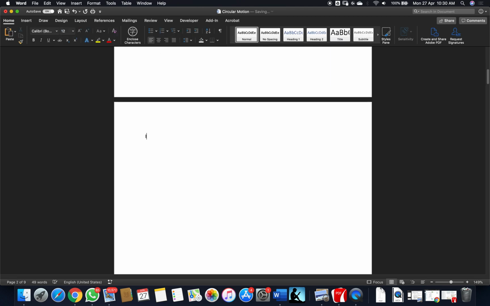Let's give you one example of how to make use of this formula. In a normal clock, not digital one, analog one, we have the minute hand, second hand, and also the hour hand. So how about the period of these three?